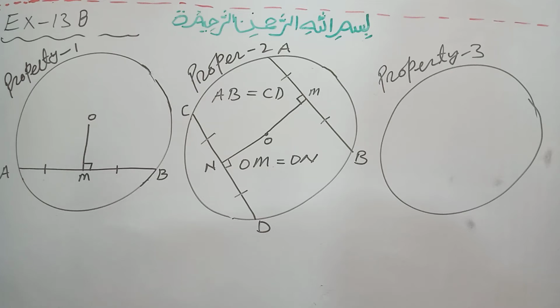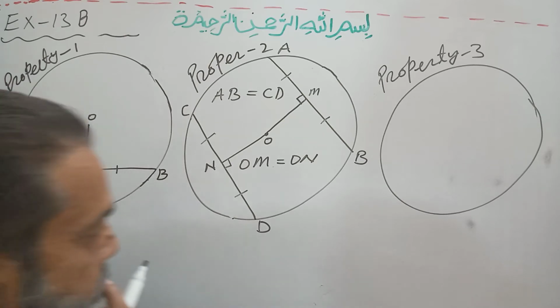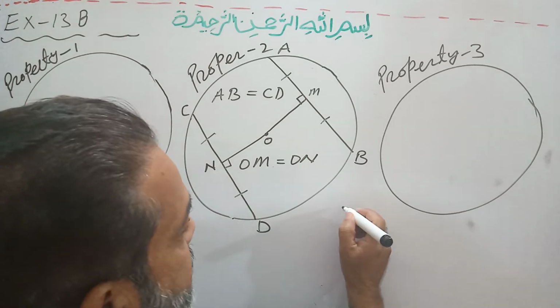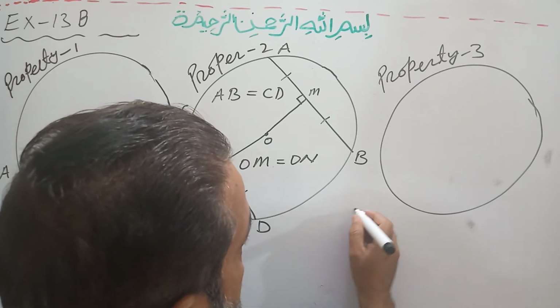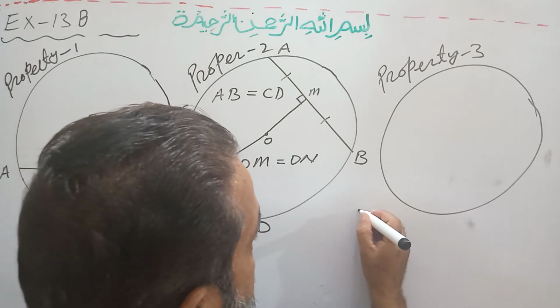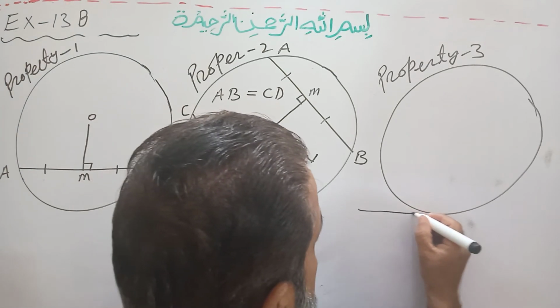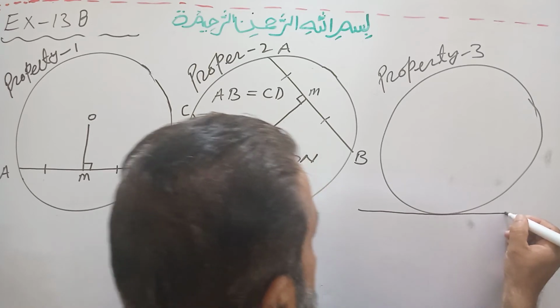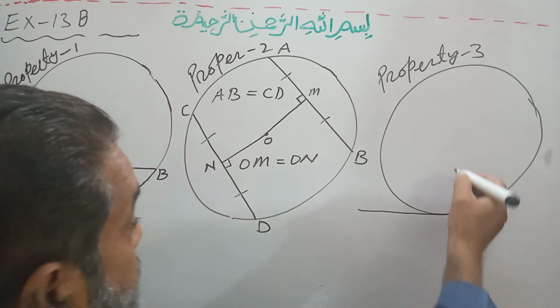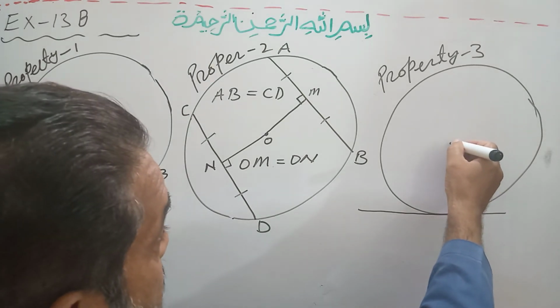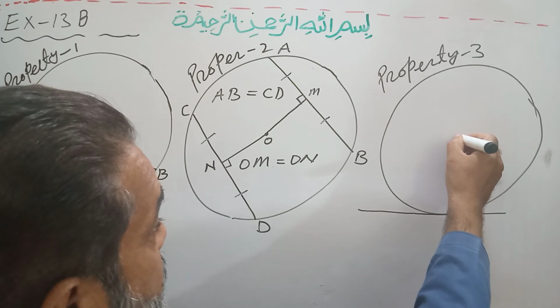Now the third property. The line which touches the circle at a single point is a tangent to the circle, and the tangent is perpendicular to the radius of the circle.